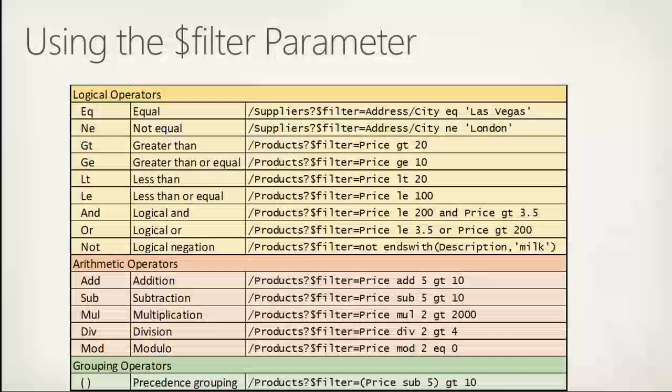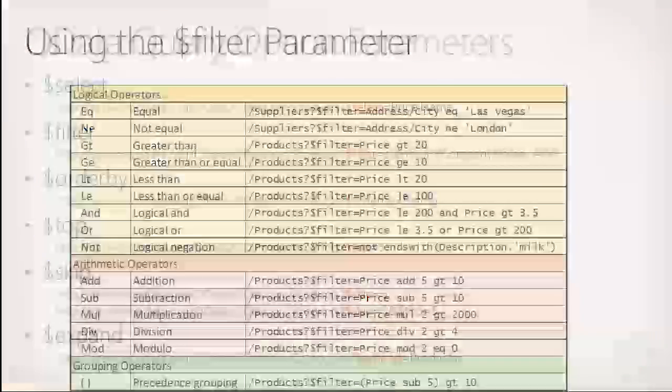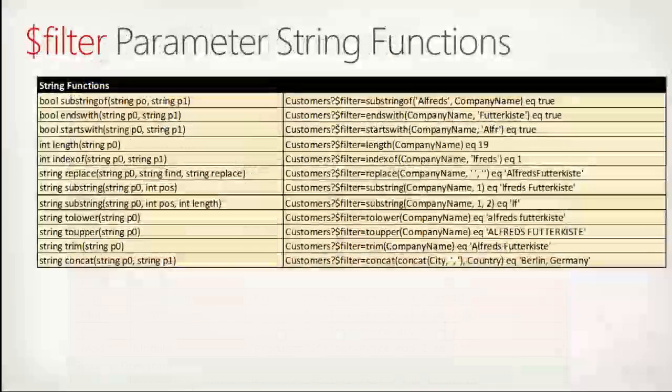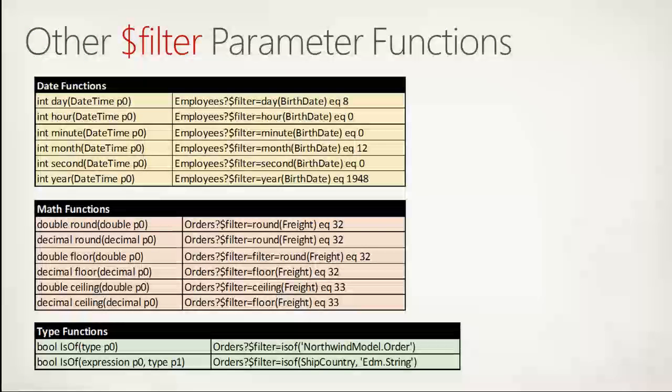Using the filter parameter, we have lots of string functions: substring of, ends with, starts with, length, index of, replace, substring, and then just a couple other miscellaneous functions for dates, for doing math, and for looking at types.